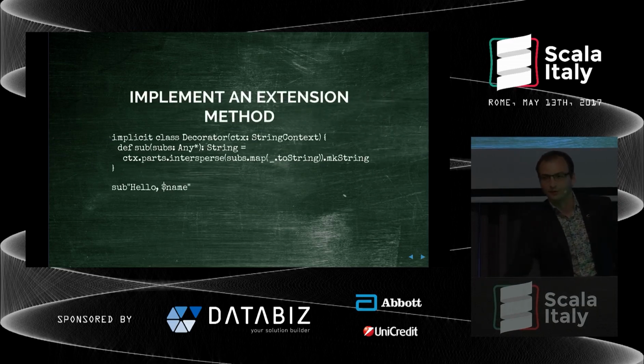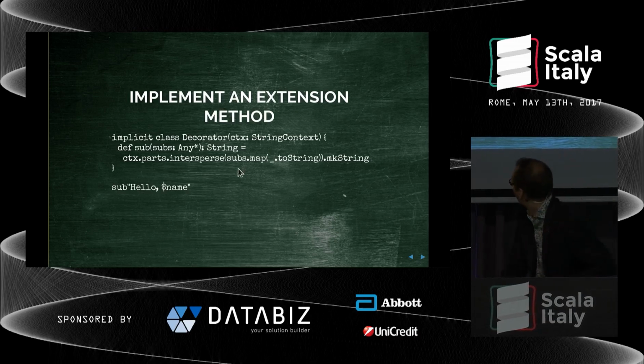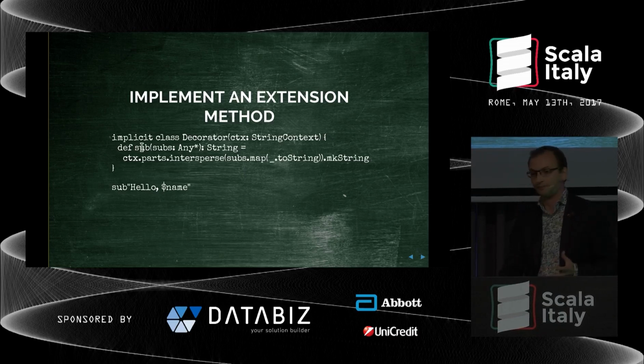So let's have a go at this for an equivalent to the S interpolation. We'll call it sub. What we've got here is the implicit class that defines the decorator around a string context, and we're going to provide the sub method. That takes any number of parameters, that's what that star is there, and they're typed as any. And for each one, we're going to use the string context.